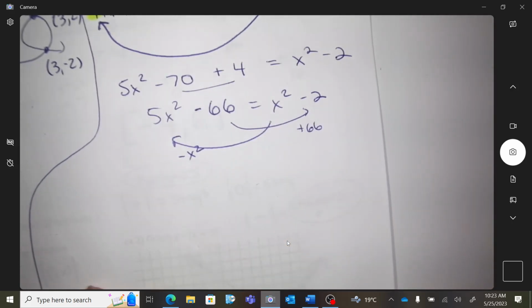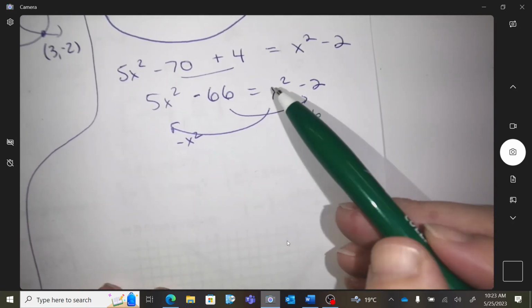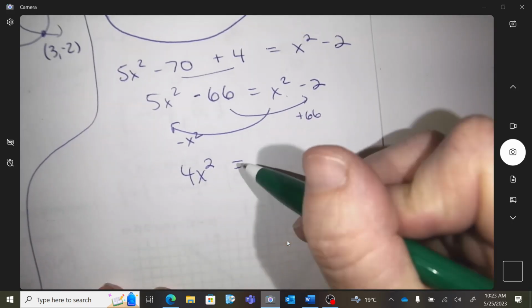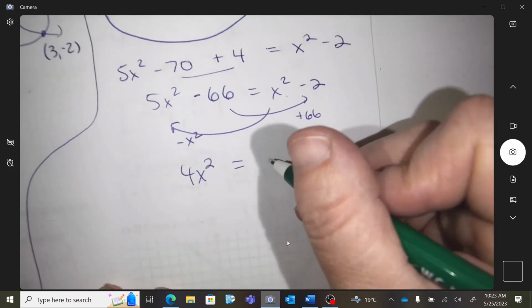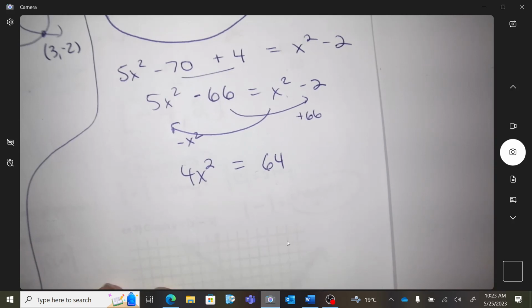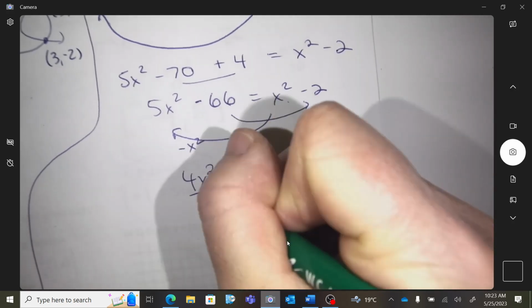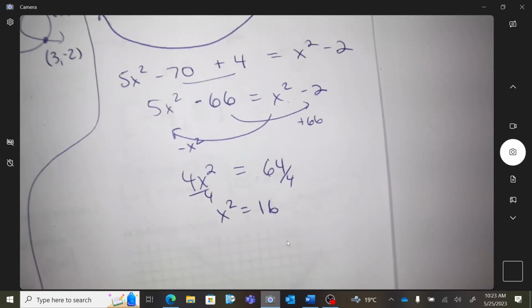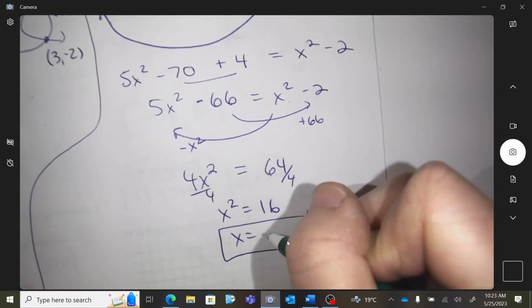Are you okay if I do both of those at the same time? Or is that too much? So I'm going to minus an x squared, so 4x squared. And then this will be moving over there, so 64. Divide by 4, so 16. X equals plus minus 4.